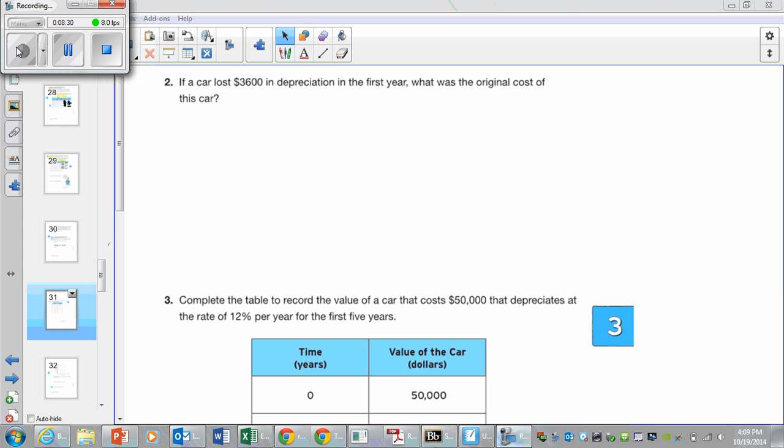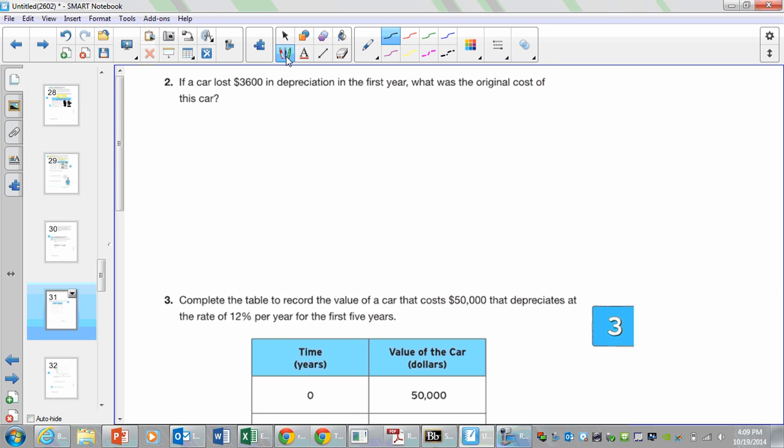And then this is the last problem that we're going to do together. It says, if a car lost $3,600 in the first year, what was the original cost of the car? So we're going to use cross multiplying and dividing. So if you have that a car costs $3,600, and then we're going to set that equal to our 12/100, which, realize, all we're doing here is the part over the whole, just like we talked about in previous lessons.